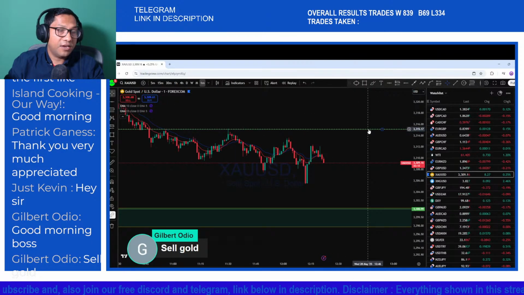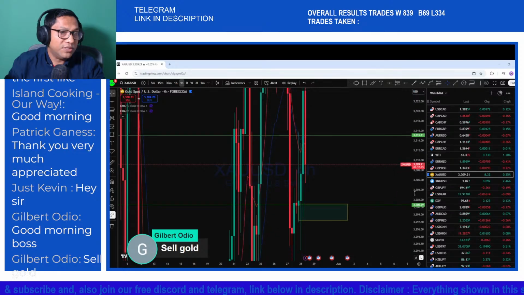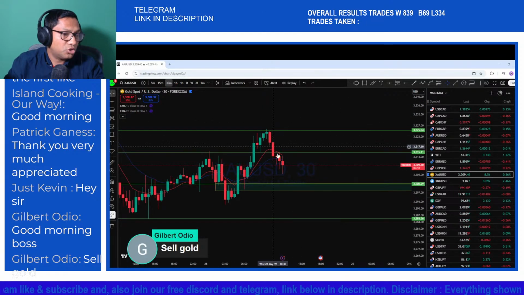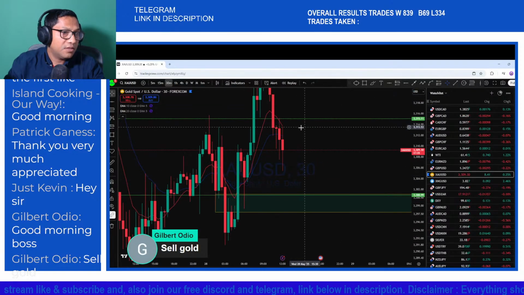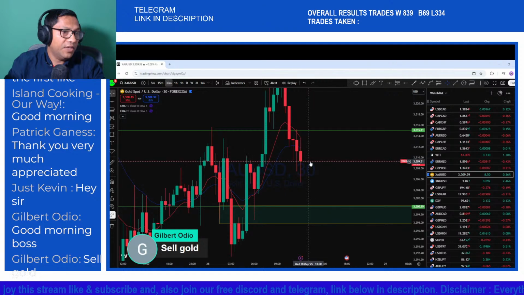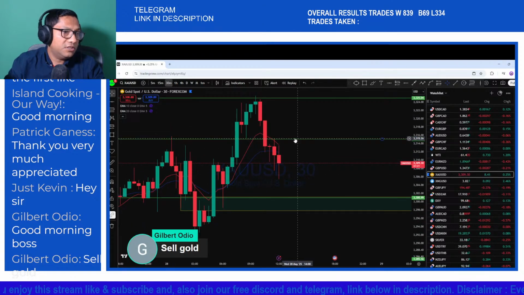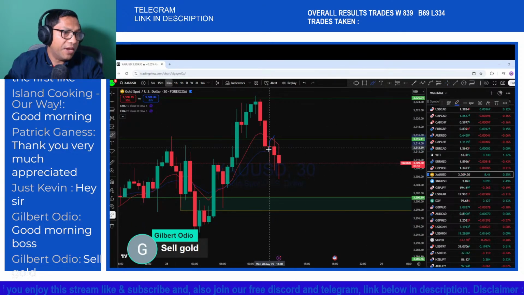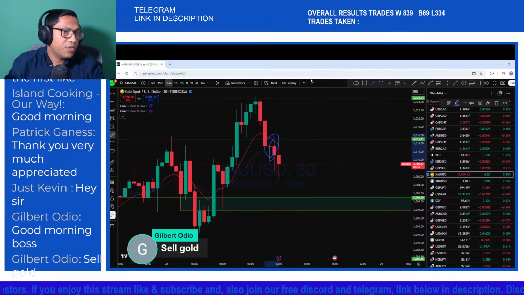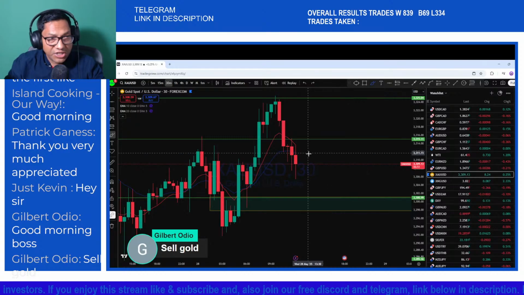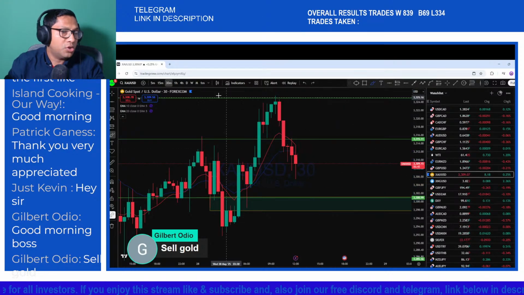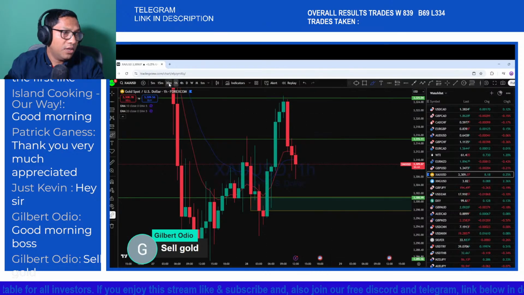Now if the market wants to come back and we want to sell, we would like to see a stronger liquidity grab here. On the 30 minute close, the previous 30 minute candle is a bearish engulfer, and with that bearish engulfer, this 30 minutes could come back here to fill that zone to create a new lower low in this market.